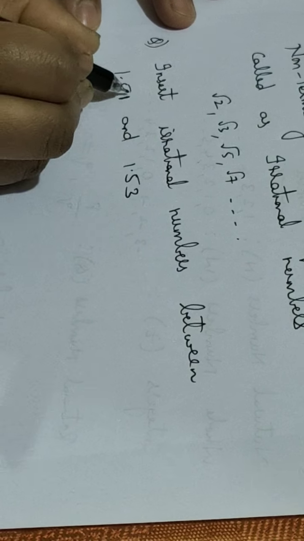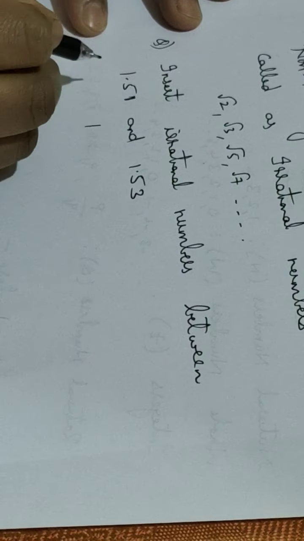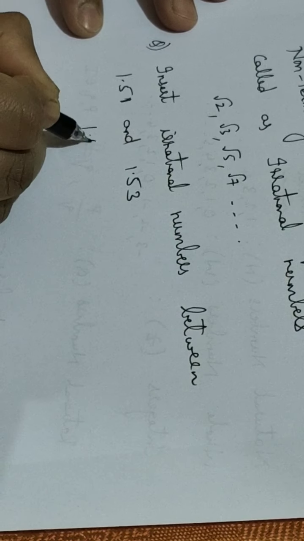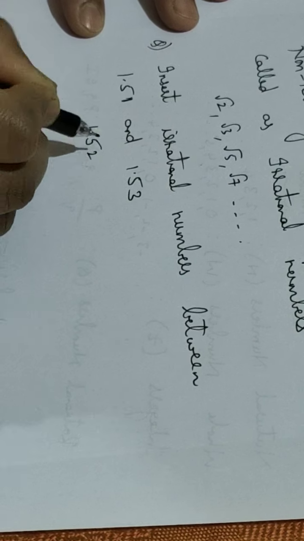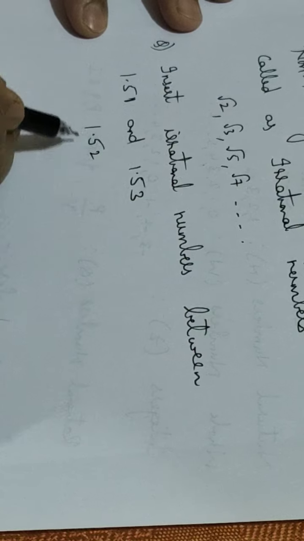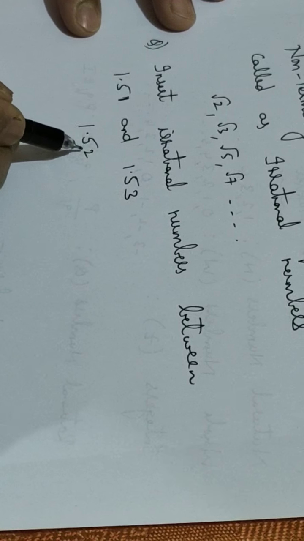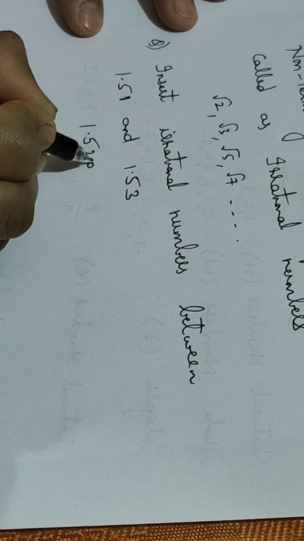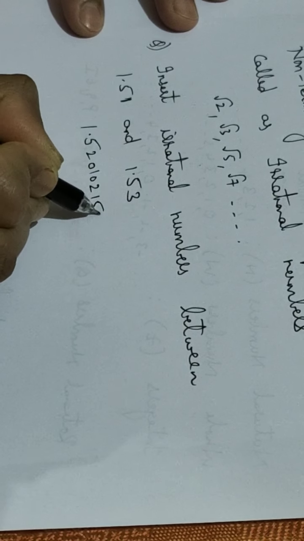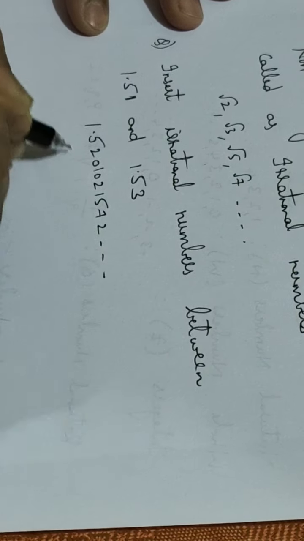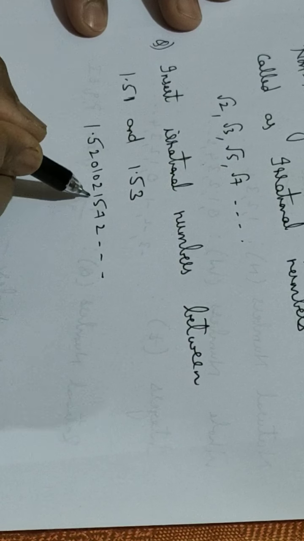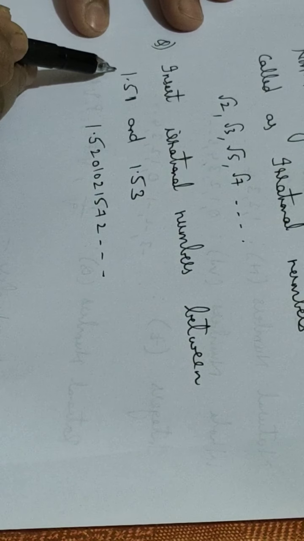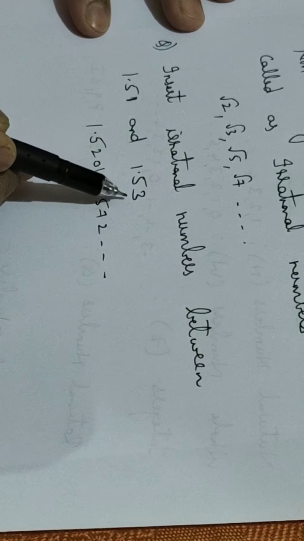Here you can write a number between 1.51 and 1.53, for example 1.52. But here it is stopping, so it is not an irrational number. You can write some other numbers which are not repeating. Suppose 1.51020... 1572 and so on. So this number is an irrational number which is present between 1.51 and 1.53.